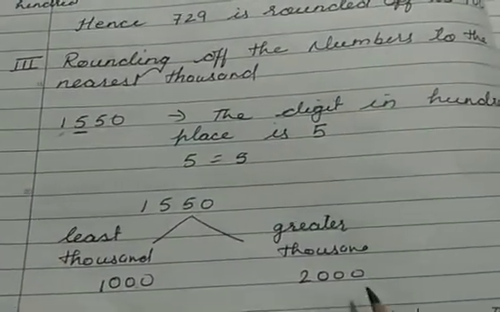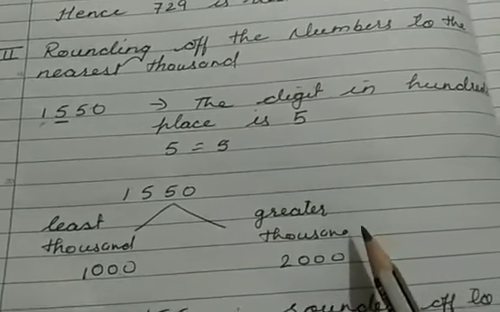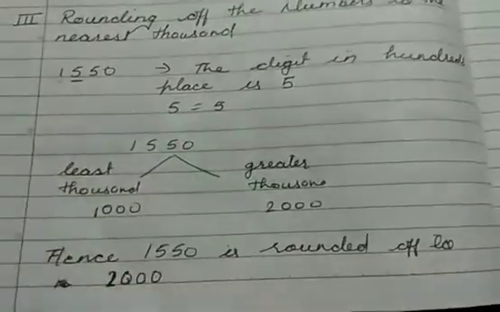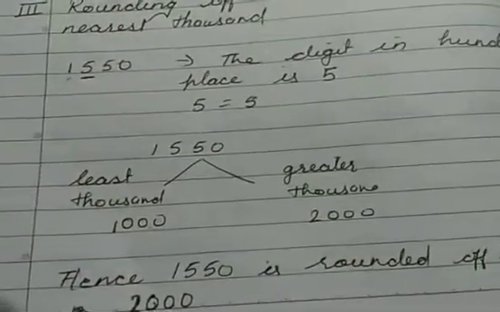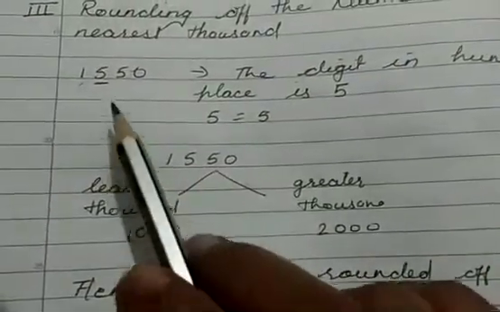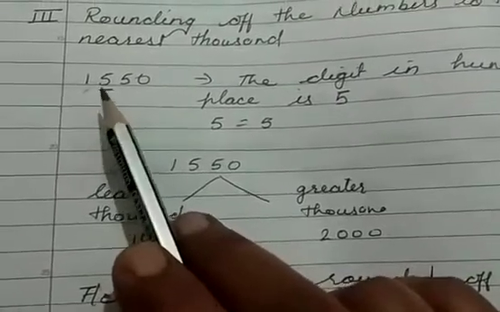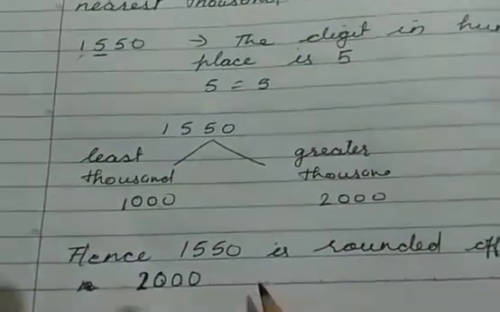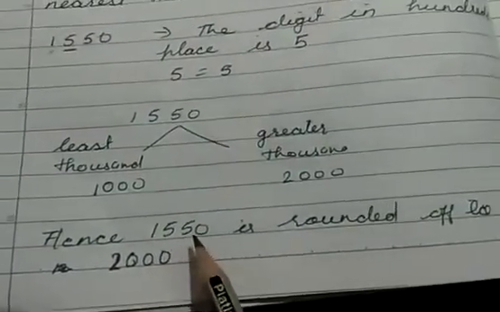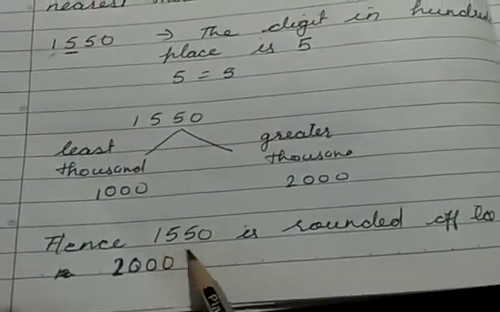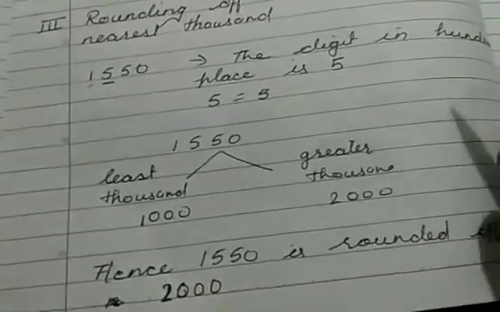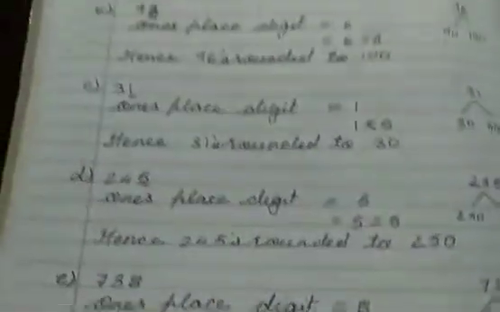It means we have to round up, because the condition is that when the digit in the hundreds place is equal to or more than 5, we go to the greater 1000. The greater 1000 is 2000. So we round 1550 to 2000. I hope you understand the rules up to here. Then we will turn the page to see the exercise.